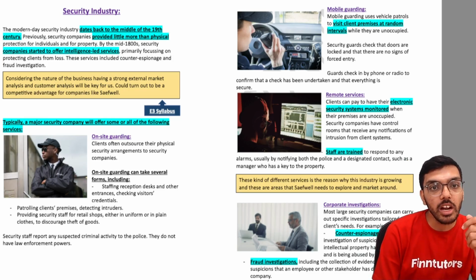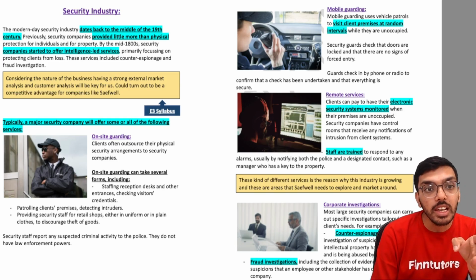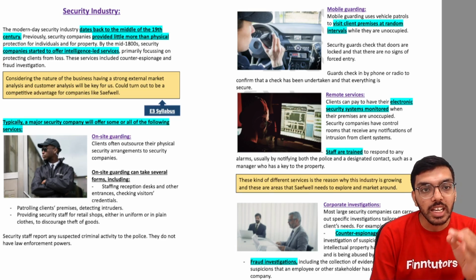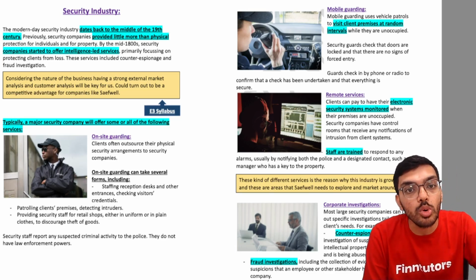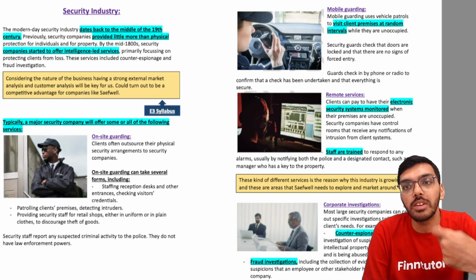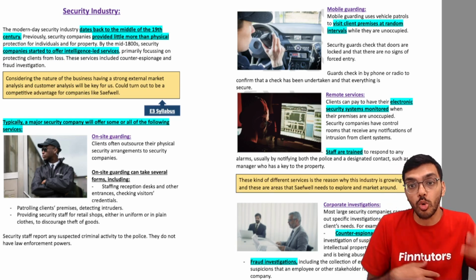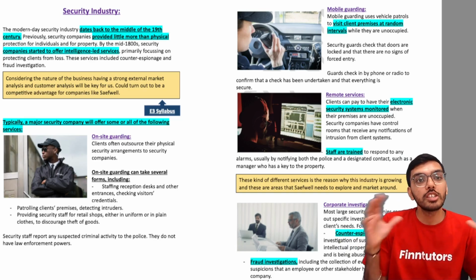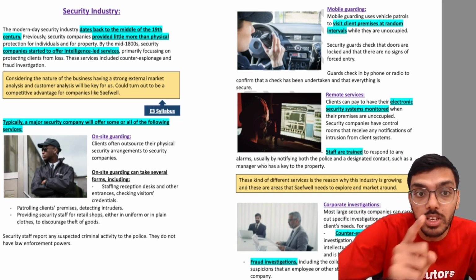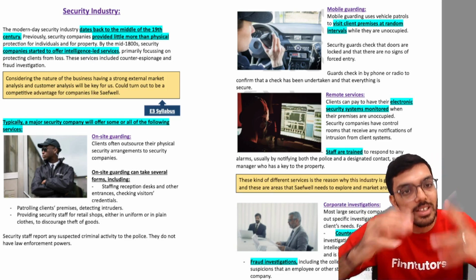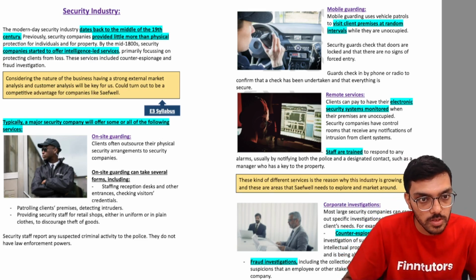By the mid 1800s, security companies started to offer intelligence-led services, primarily focusing on protecting clients from loss. These services included counter-espionage and fraud investigation. If something wrong is going on in your organization, security services started providing analysis as well of the same. This was termed as intelligence services.